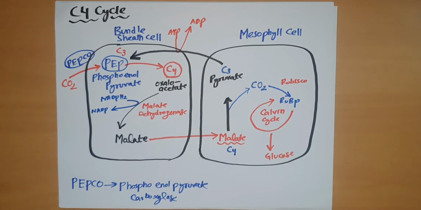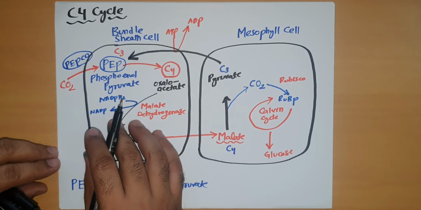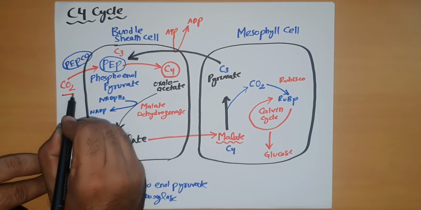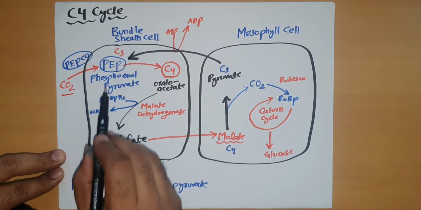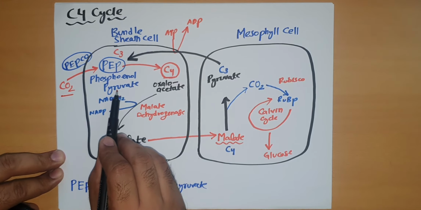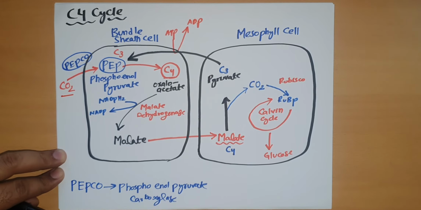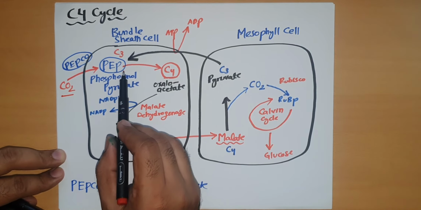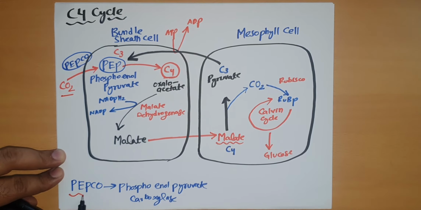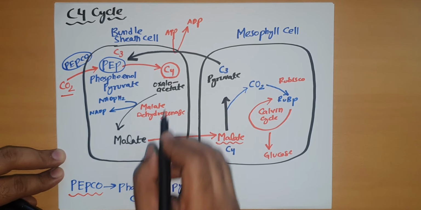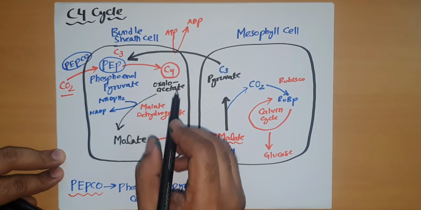Now let me tell you again that from the air the carbon dioxide enters into the bundle sheath cell. In the bundle sheath cell, phosphoenol pyruvate, which is a 3 carbon compound, is already present, and this 3 carbon compound joins with the carbon dioxide in the presence of the enzyme called PEPCO, and its full name is phosphoenol pyruvate carboxylase, and a 4 carbon compound is formed which is called oxaloacetate.